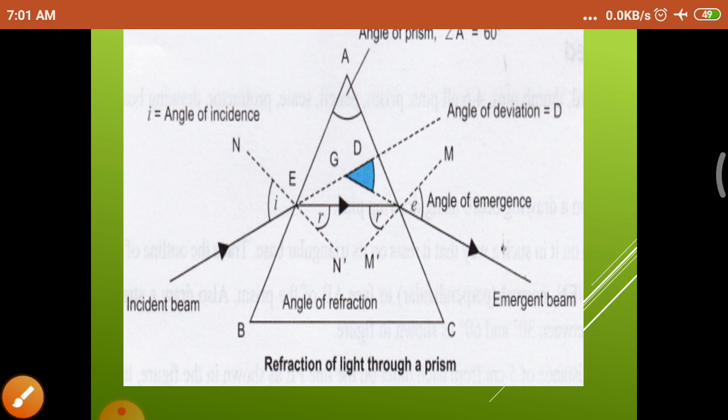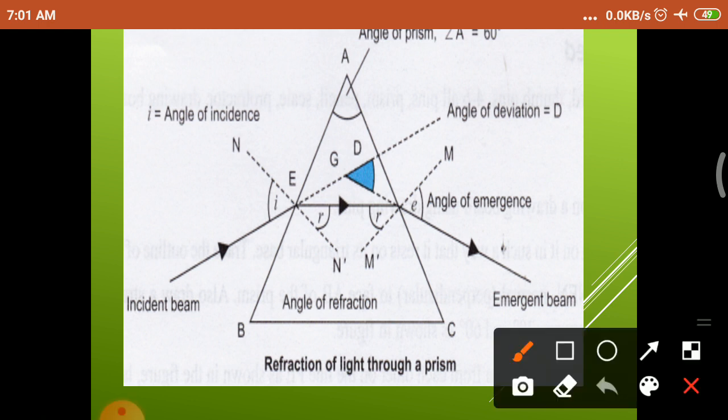I hope you understood. When the light falls on a glass prism, it is refracted and it emerges. It makes three angles: angle of incidence, angle of refraction, angle of emergence.